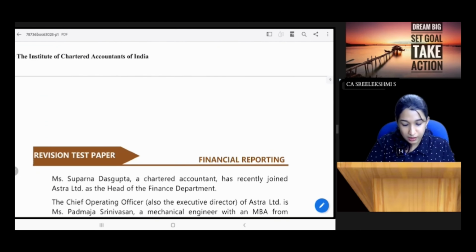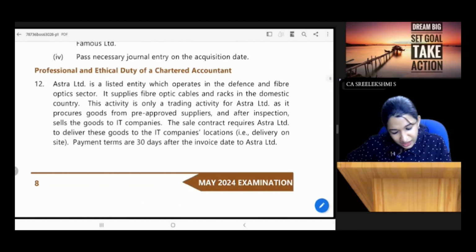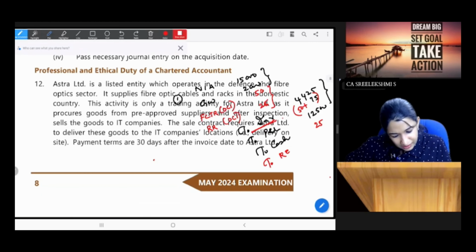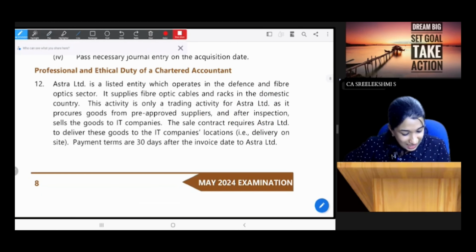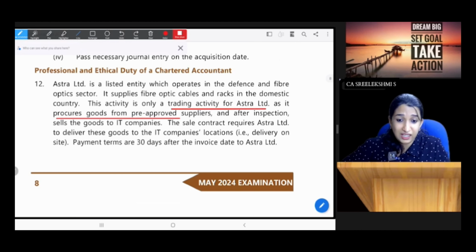So as usual, there is a general para given. This activity is only a trading activity for Astra as it procures goods from pre-approved suppliers. But I really do understand, students, because we will be reading what we definitely do not know whether is relevant or irrelevant when we start reading the question, right?